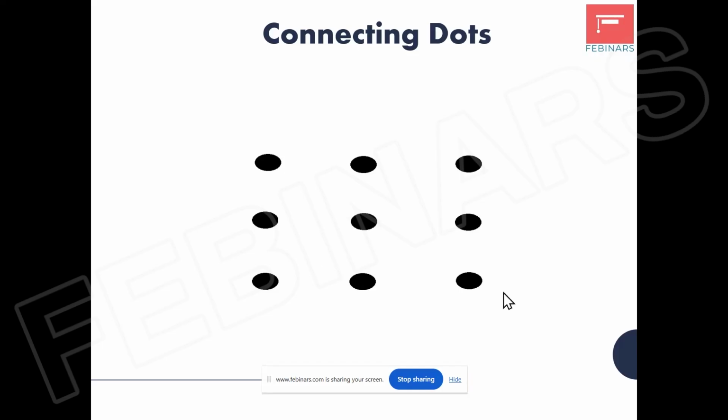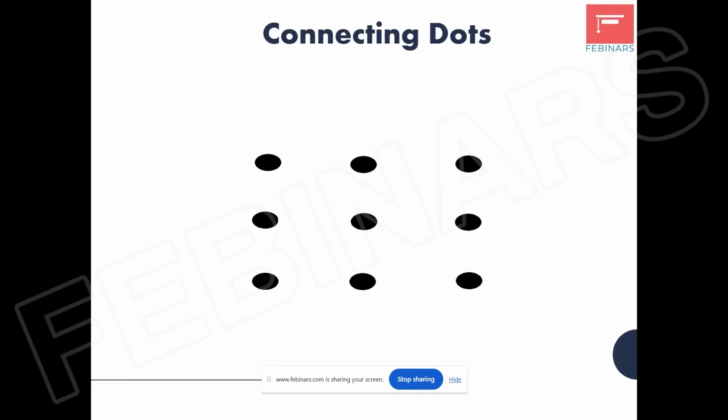Connect these 9 dots with 4 lines without lifting your pen or pencil. Great, Mr. Sahu. Great. Abhay Kumar ji. Okay. Has anybody solved this puzzle?